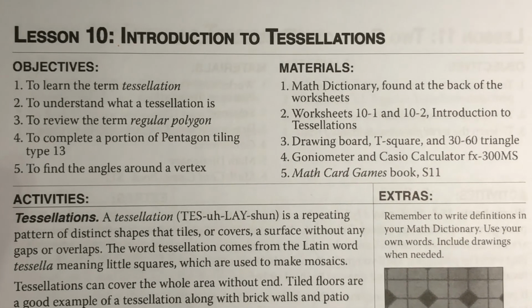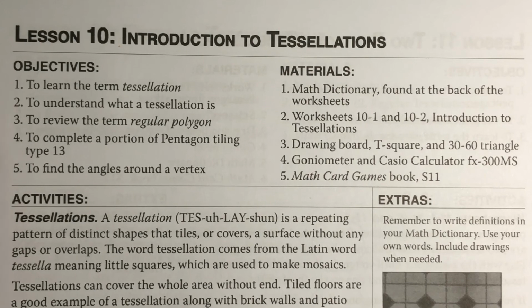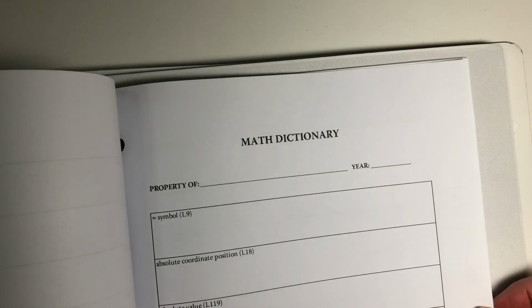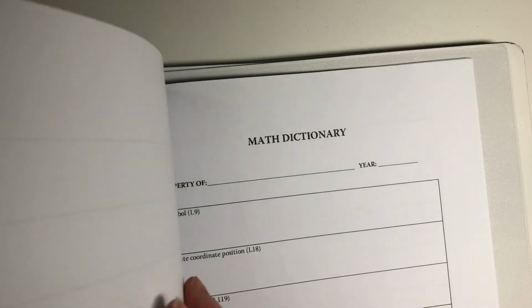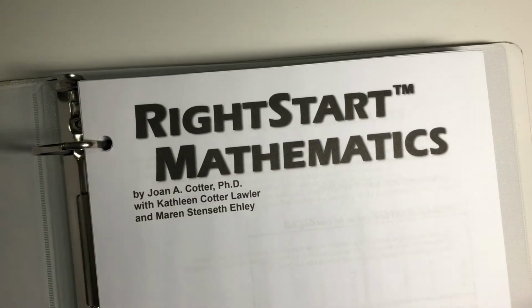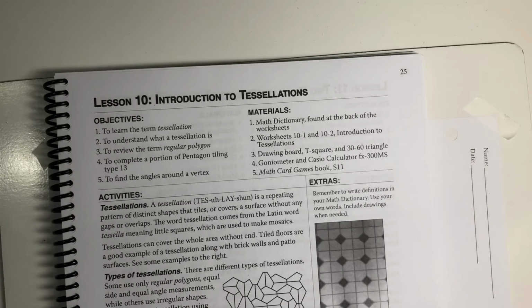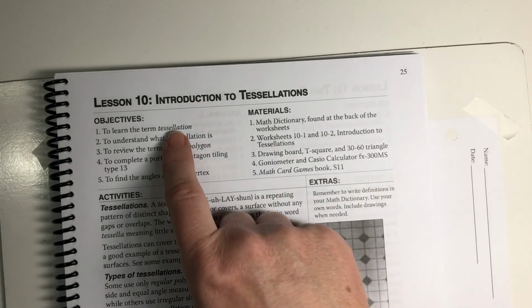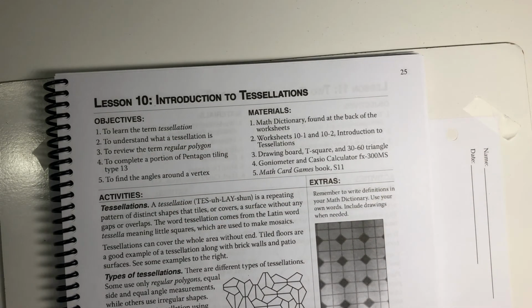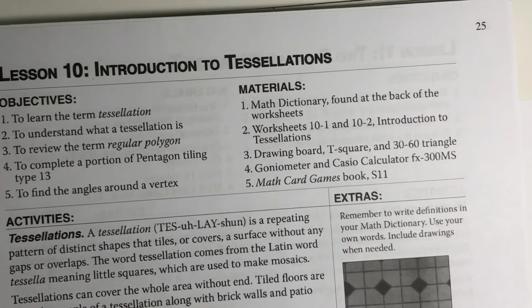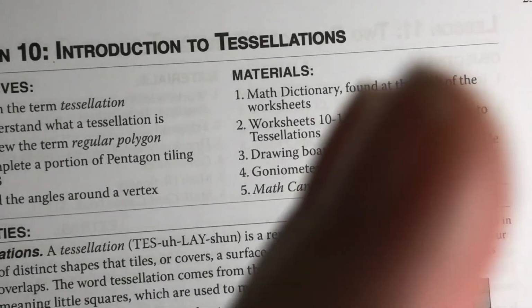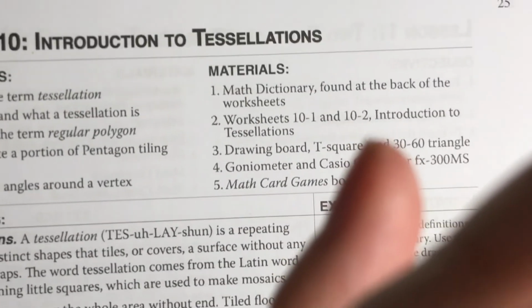There are materials that are listed, and there's a math dictionary. Every item listed in the objectives as an italicized word is in the math dictionary. Let me get this straightened up for you guys a little bit.